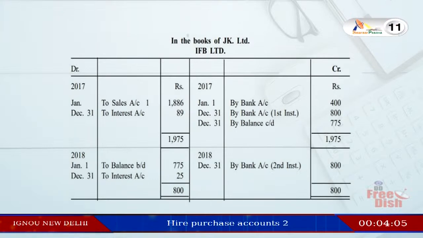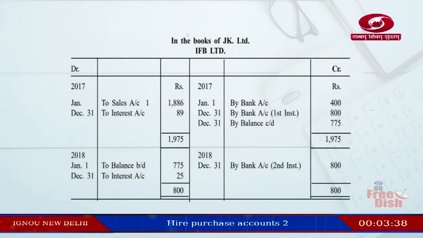If we subtract 1200 out of 1886, it is 686. So we can easily calculate the amount of interest. The rate of interest will be 6% per annum. Later on we have calculated also.